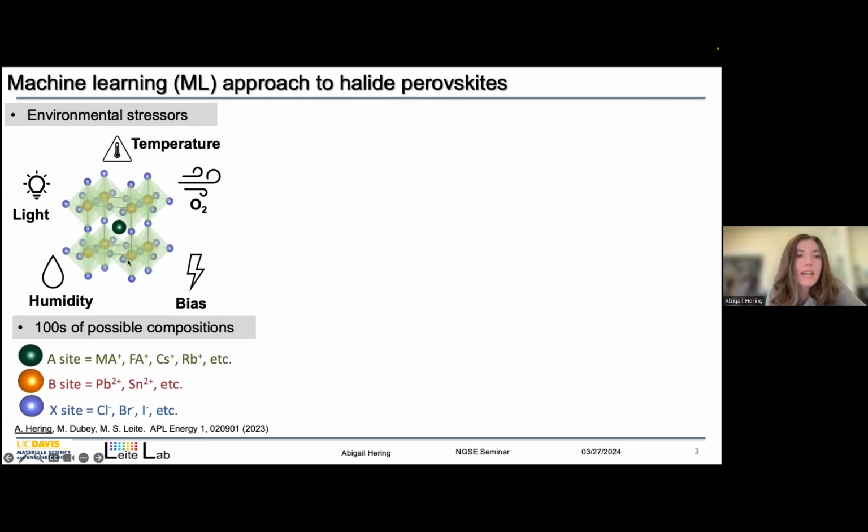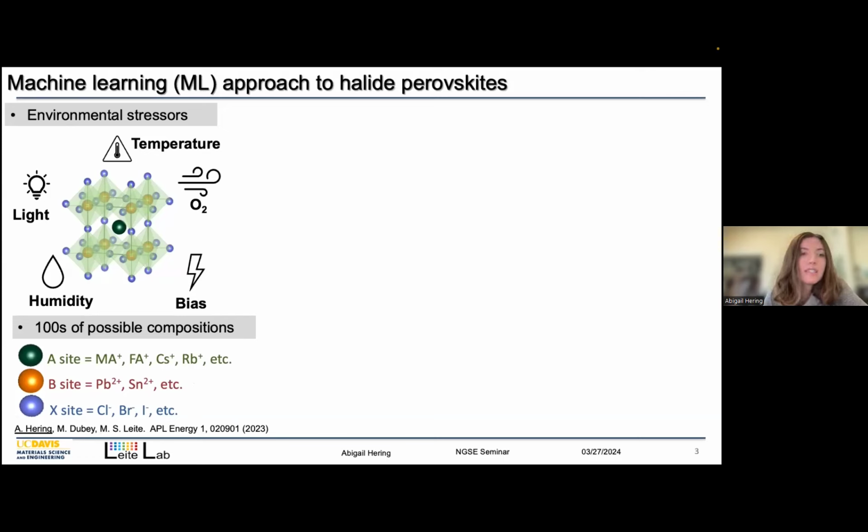At the B site, there's a metal cation, such as lead or tin. Most studies are still using lead, but trying to move away from that. And then at the X site, there's a halide anion, such as chlorine, bromine, or iodine.